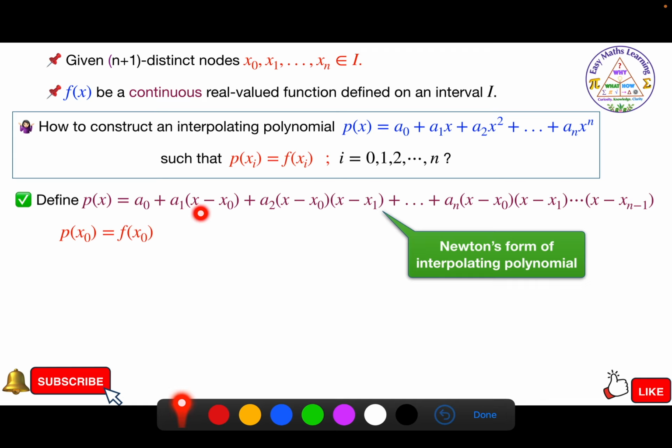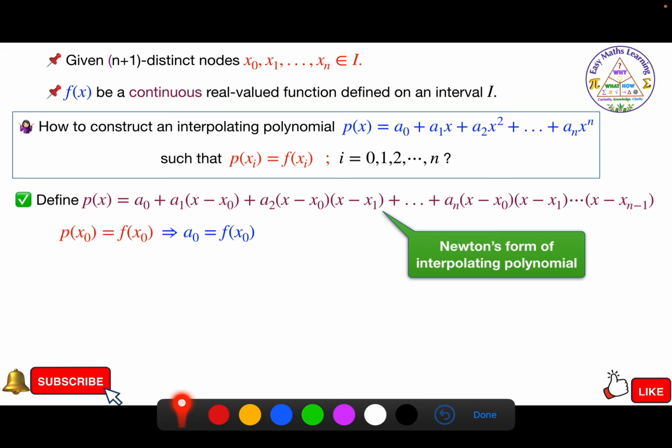So all these terms will be 0 when we put x equal to x0. So we get here p of x0 equal to a0. This implies a0 equal to f of x0.